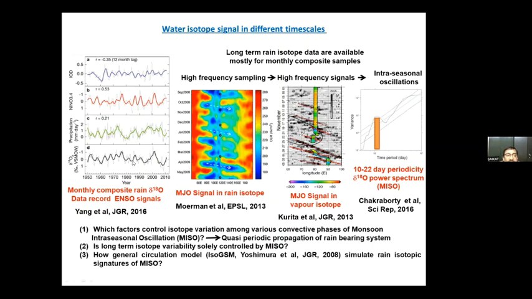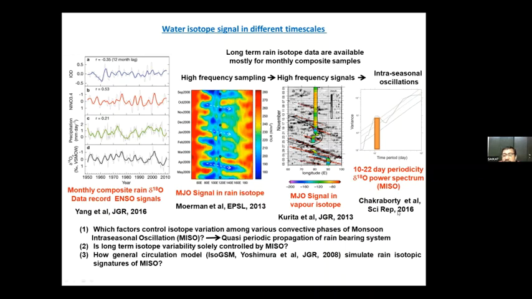But if you have higher frequency samples, like what we did in our cases, which is daily or event-based sampling, it can even capture periodic events which are more frequent, like intraseasonal oscillations, like the Madden-Julian oscillation or monsoon intraseasonal oscillation.